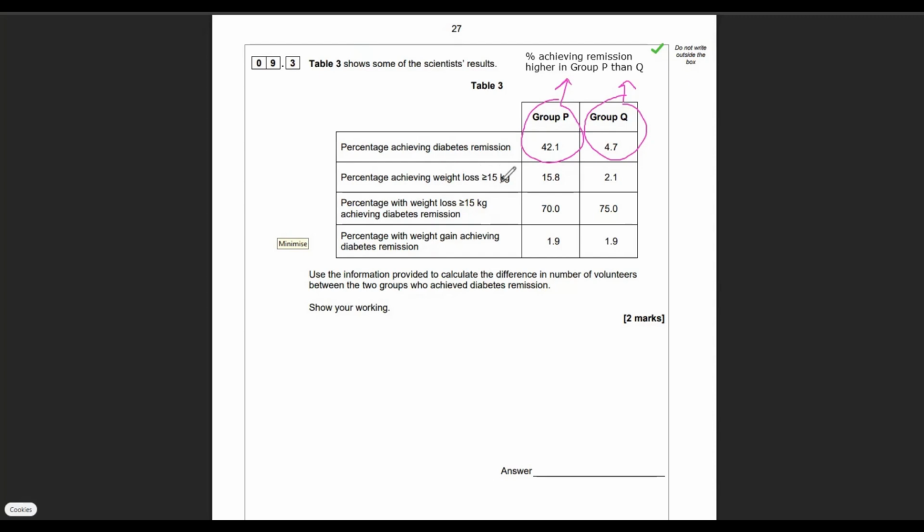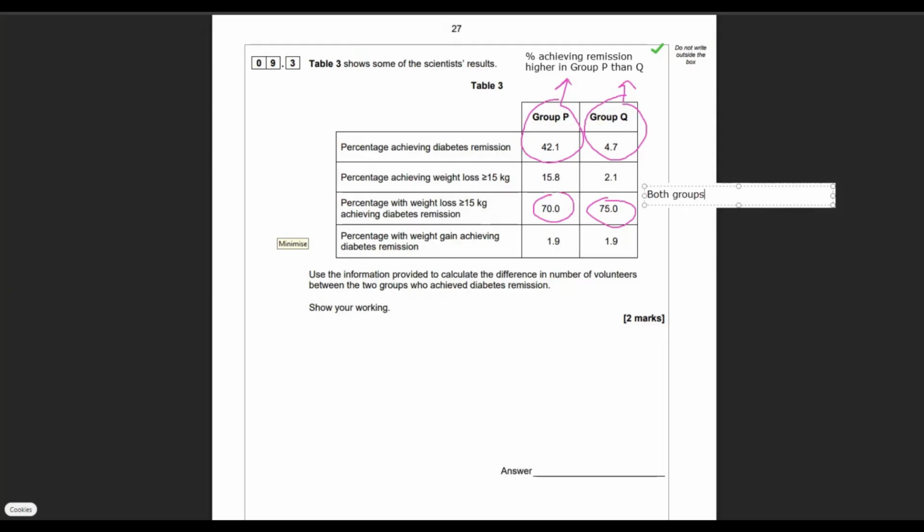Right, the percentage achieving weight loss of more than 15 kilograms, and the link to the remission. We can see that yes, 15.8%, it's heavily linked to remission.